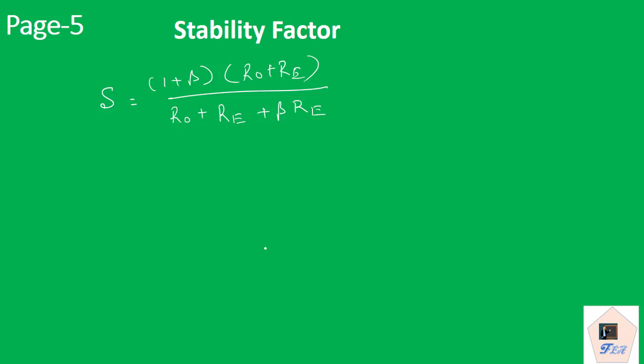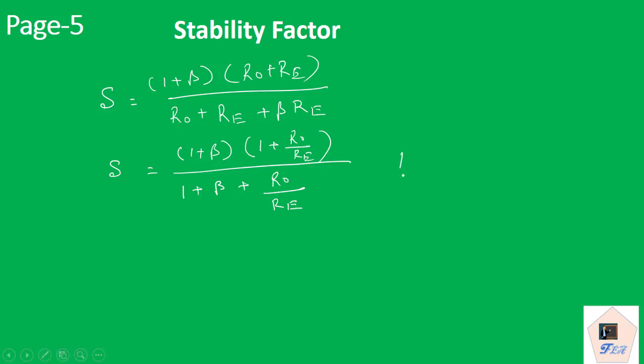For the time being, we are considering this result, and here if we divide the numerator and denominator with respect to RE, then we can write 1 plus beta into 1 plus R naught by RE divided by 1 plus beta plus R naught by RE.